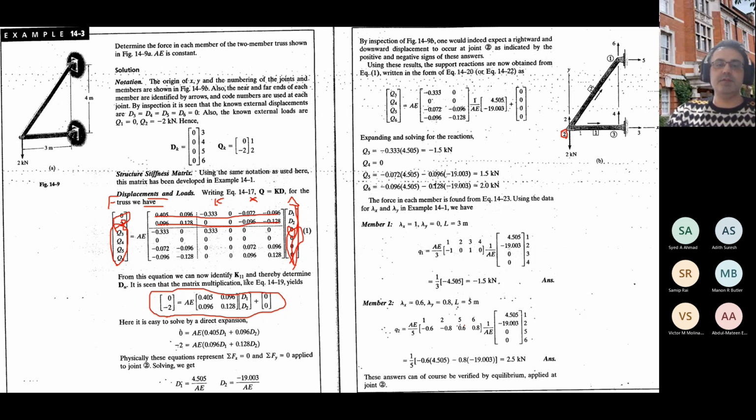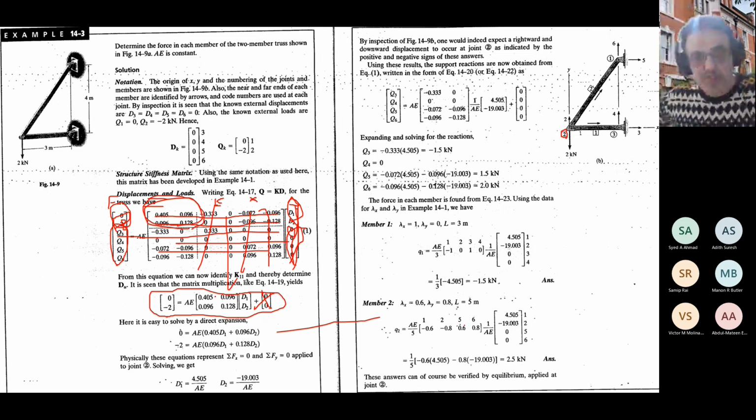And for the fourth, fifth, and sixth, do the same. So I eliminate the lines 3, 4, 5, 6 and the columns 3, 4, 5, 6. If you do that, you will see that only this part will be remaining. All of these will be gone. So these 0, 2 will be equal to this part times D1, D2. And this is called the implementation of support conditions or boundary conditions.